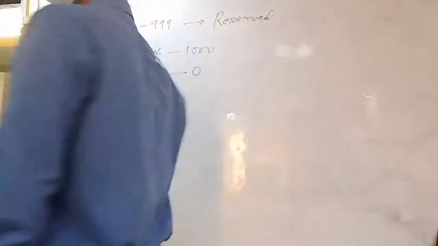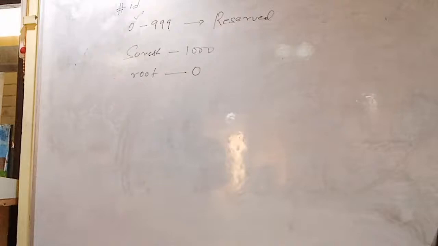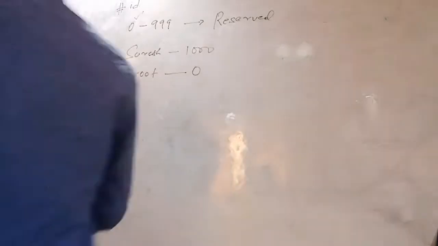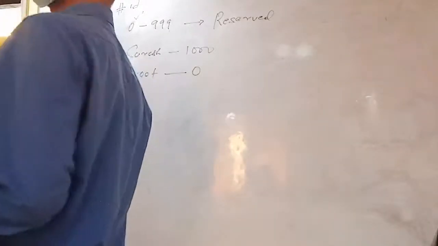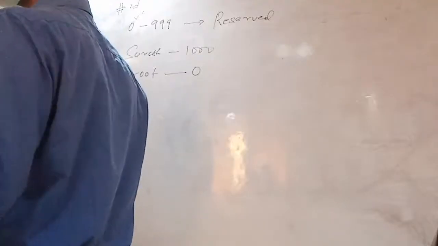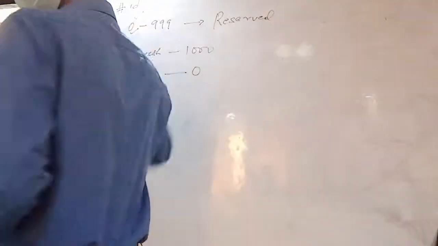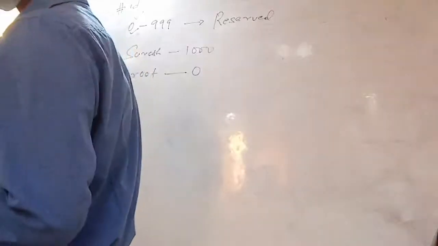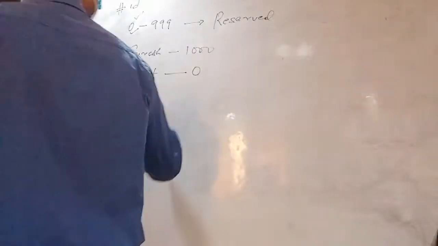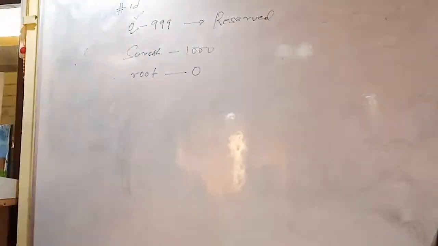The administrator does not always lie between 0 and 999; it is not mandatory. But root is the first user of your system, that's why it gets this ID. You can create another administrator, and in that case you will get an ID after 999, like 1000, 1002, 1003, anything.